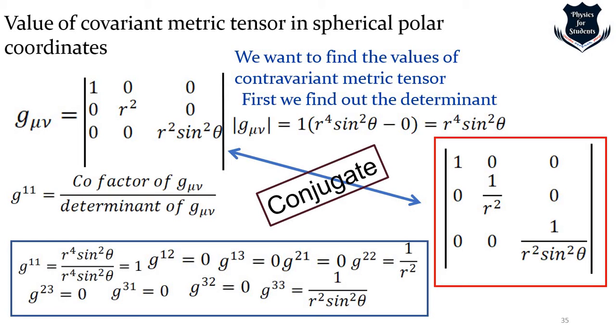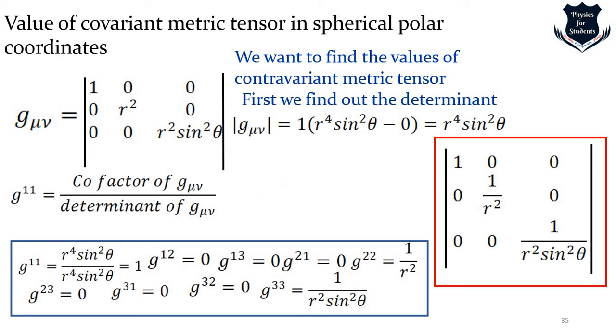That means we have found out that the covariant metric tensor in the spherical polar, or you can do further coordinates, is not the same. It is either a conjugate or whatever. So the point of concern is why we really concern ourselves with the other coordinates, the covariant or the contravariant components, because they are not the same, and you can see that we have derived them not to be the same.